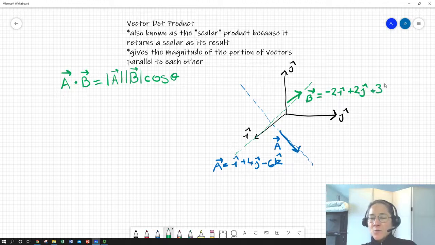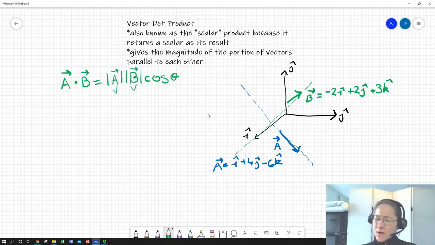So I think it's not going up quite as much, but it's going up. If I wanted to know which portion of B, what is the magnitude of B that is parallel to A, I could use my dot product to get that if I knew the magnitude of A and B.